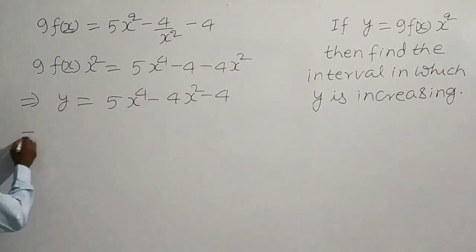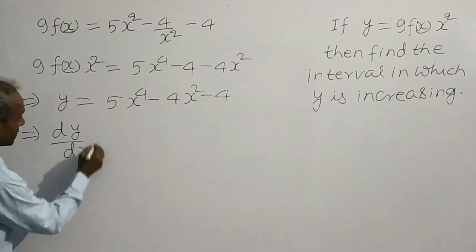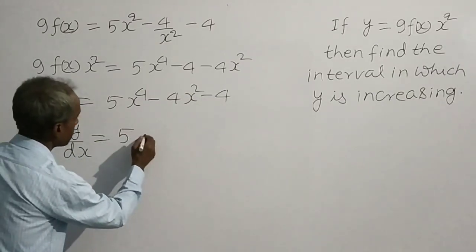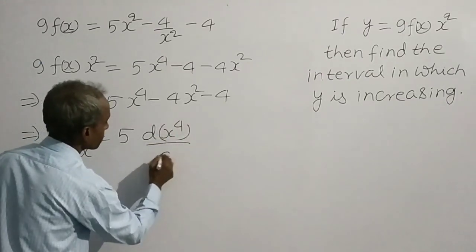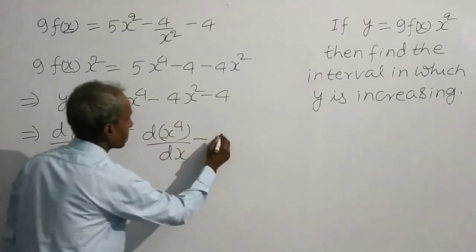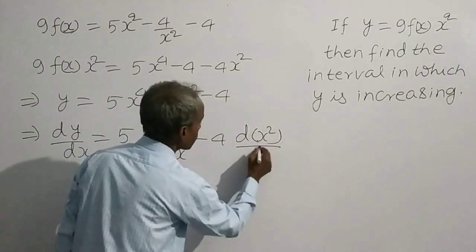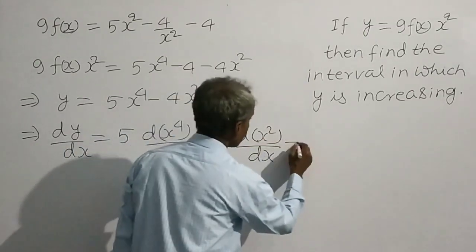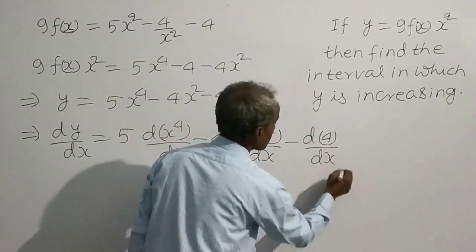That means we find dy/dx. dy/dx will be 5 d(x⁴)/dx minus 4 d(x²)/dx minus d(4)/dx.